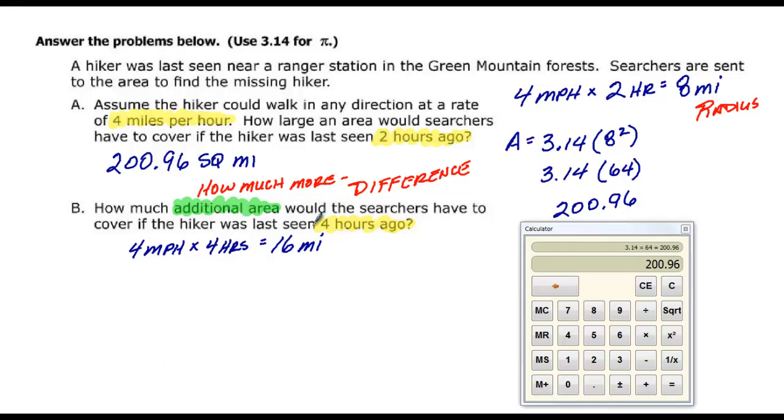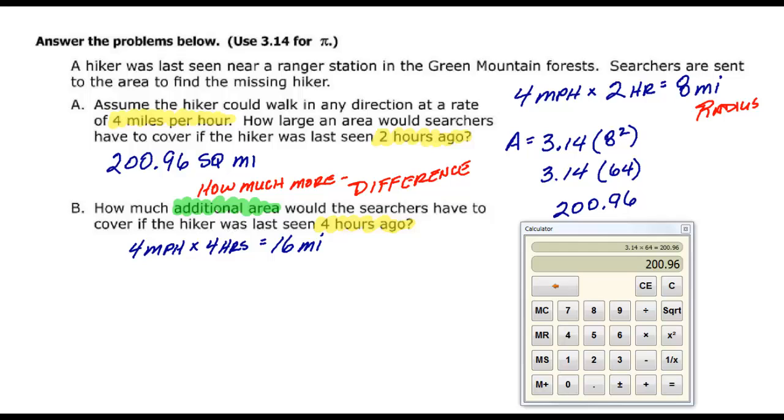Now, here's how to avoid a common error. Some students would look at that 16 and say, oh, that's just twice the 8, so it'll be another 200.96. We're going to see that actually because we square things, it becomes a lot more than the 200.96 extra.